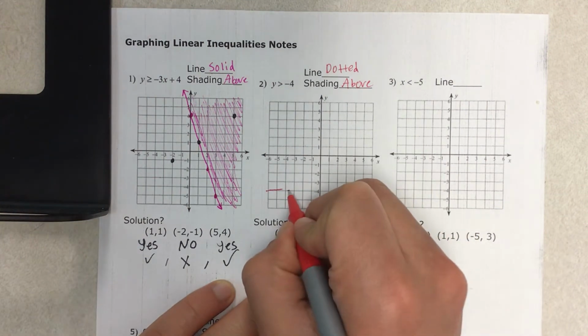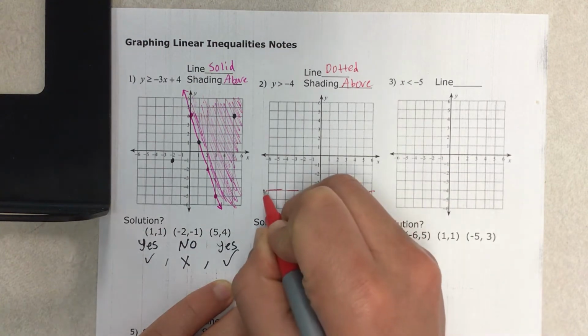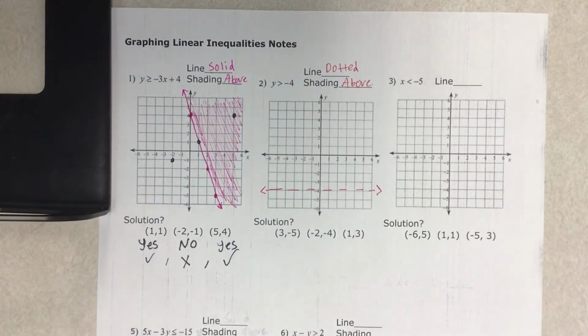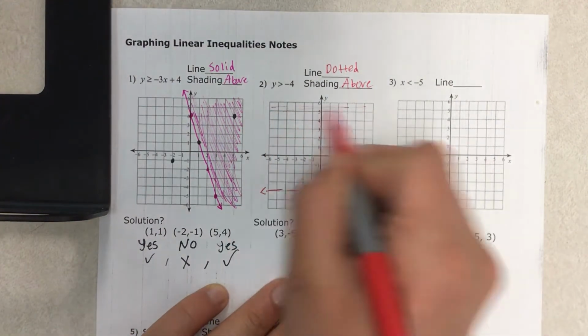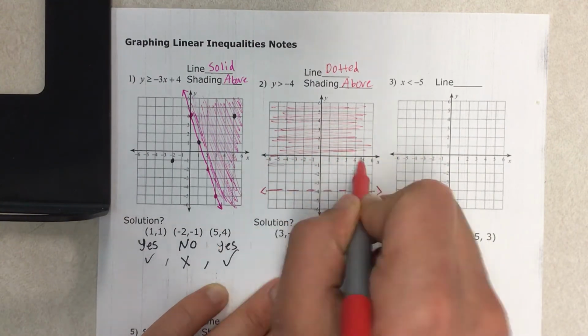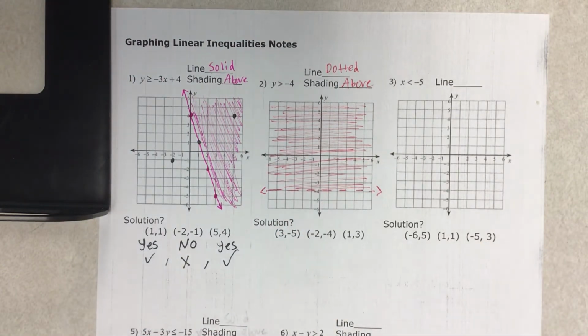Okay, so I'm going to draw a dashed line or a dotted line at y is greater than negative 4, okay? And then we're going to shade above, so I'm going to shade above. So it's a lot of shading there, that whole big area. Okay, just like that.